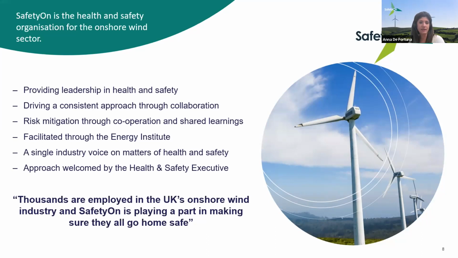They provide leadership in health and safety for the onshore wind industry and ensure that there's transparency for the industry's health and safety performance, as well as assisting industry stakeholders to see that the key emerging risks are mitigated through cooperation and shared learning. So SafetyOn works to provide health and safety leadership across the onshore wind sector.